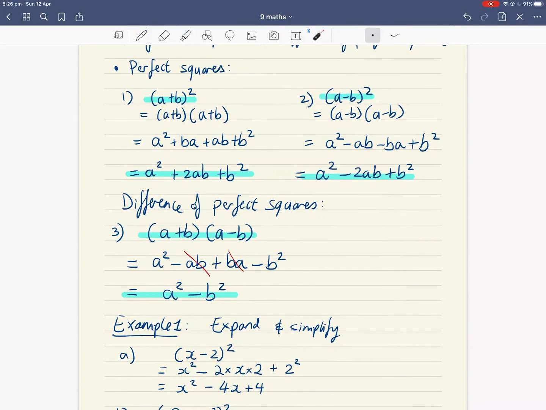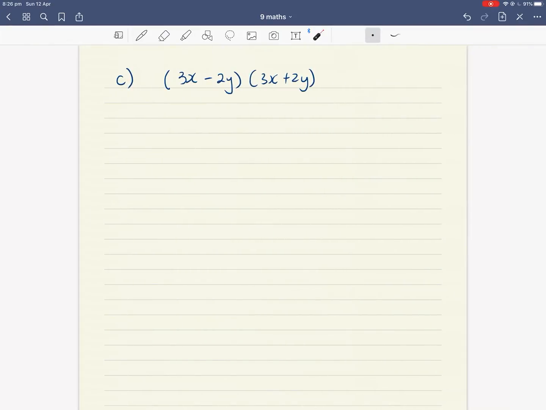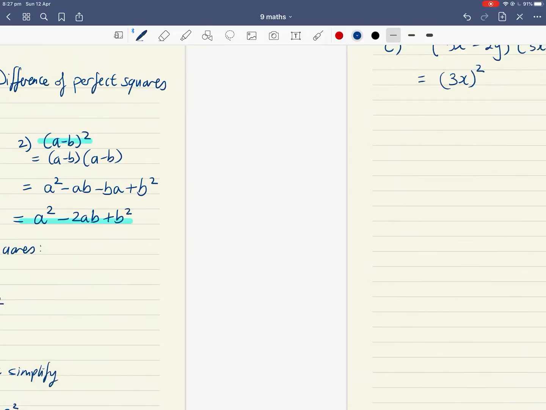The pattern for difference of perfect squares says that it ends up being first thing all squared, take away second thing all squared in your brackets. So our first thing is 3x, our second thing is 2y. So the pattern says this is the same as the first thing squared. Make sure you put brackets because you're squaring everything.